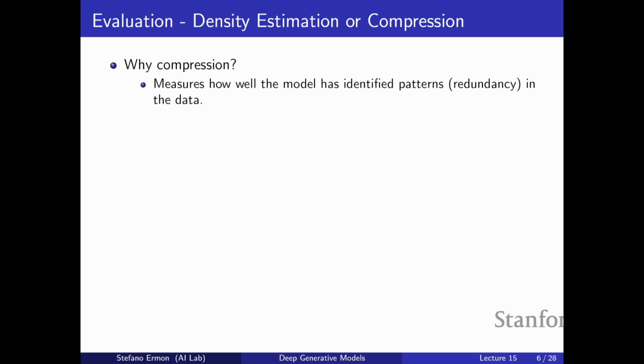It's reasonable in the sense that as we've discussed, if you want to achieve good compression rates, then you need to be able to identify patterns in the data. The only way you can achieve good compression is by identifying redundancy, identifying patterns, identifying structure in the data. So it's a good learning objective, and we know that if you can get the KL divergence to 0, then it means that you've perfectly matched the data distribution.